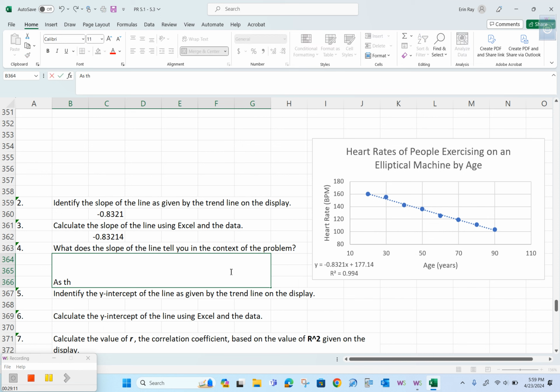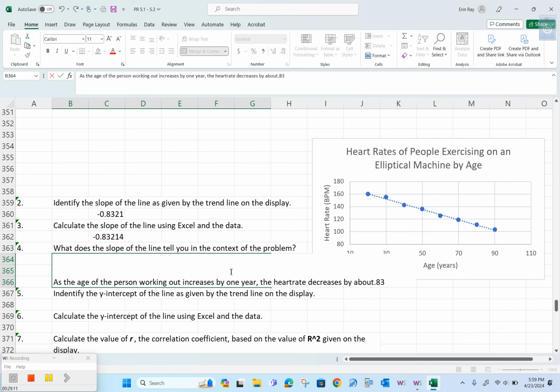So as the age of the person working out increases by 1 year, the heart rate decreases by about 0.83 beats per minute. And I just rounded to 2 decimal places.